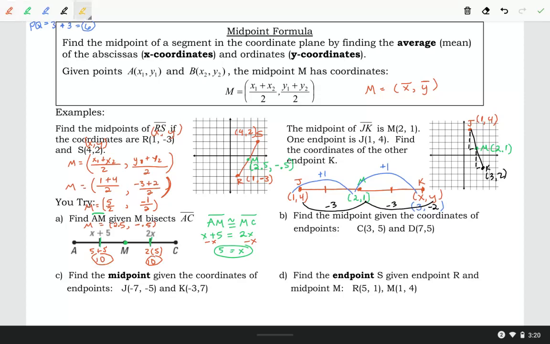We were told to find AM, so AM is equal to 10. We can also say that MC is equal to 10, and AC is equal to 20 because it is made up of 2 pieces that are 10 each.